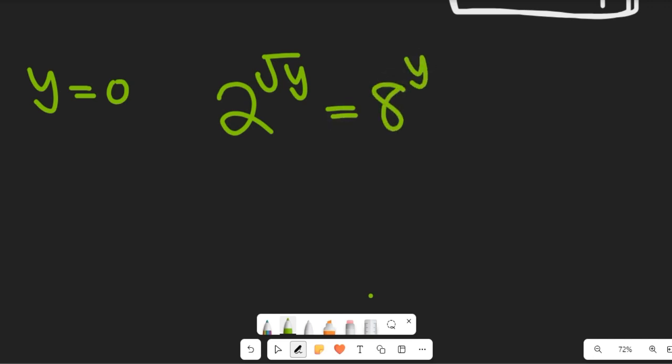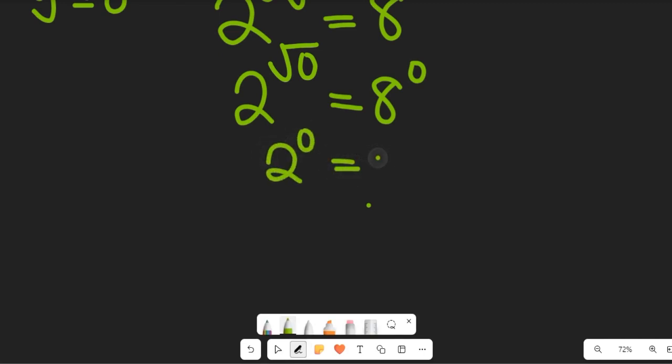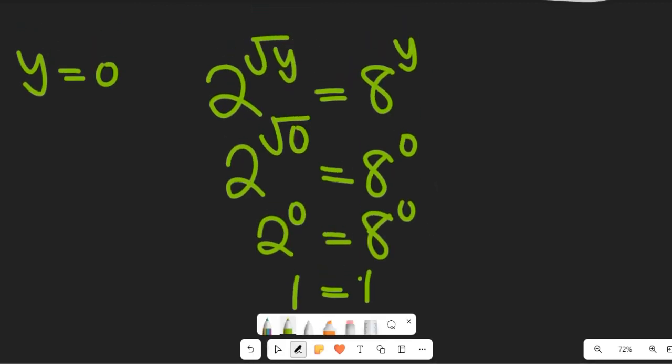If y is equal to 0, this will give us 2 to the power of the square root of 0 equal to 8 to the power of 0. And you know, according to the laws of indices, anything to the power of 0 is 1. So we'll have 2 to the power of 0 equal to 8 to the power of 0, and this will give you 1 equal to 1. So that shows us that the value of y equal to 0 is a solution.